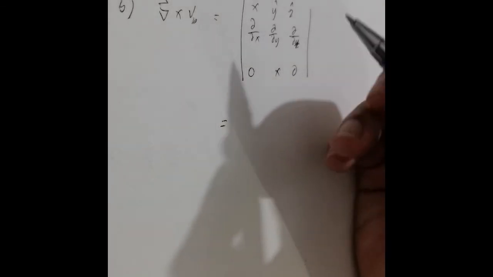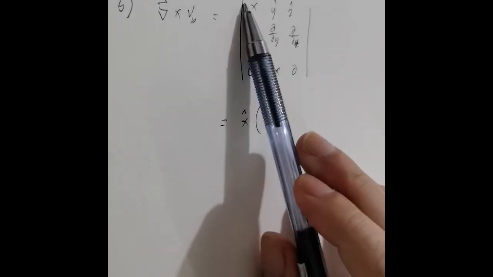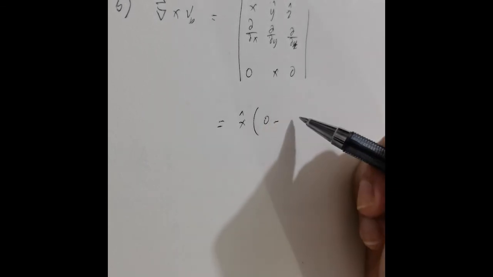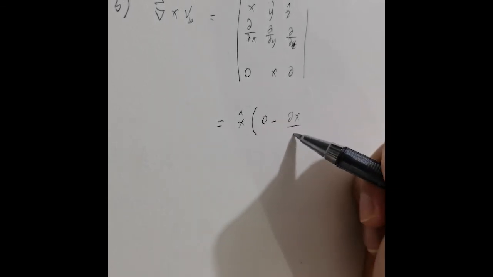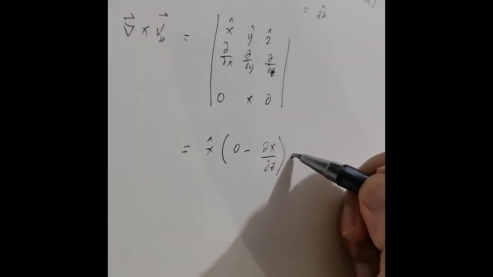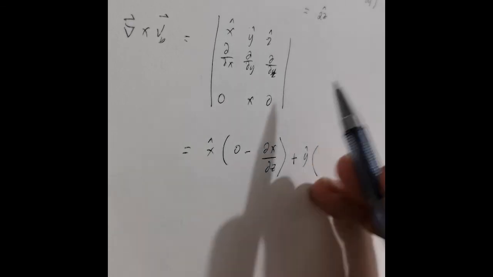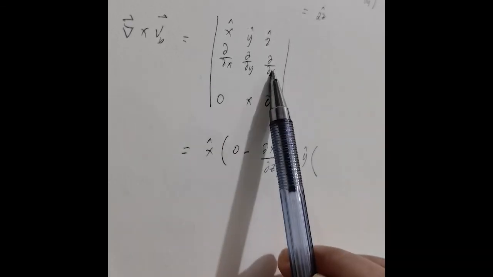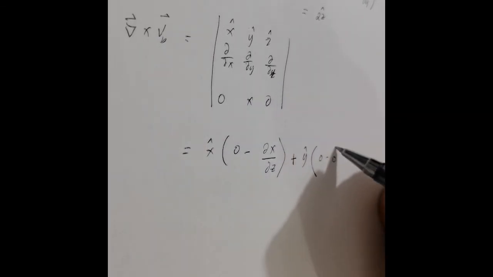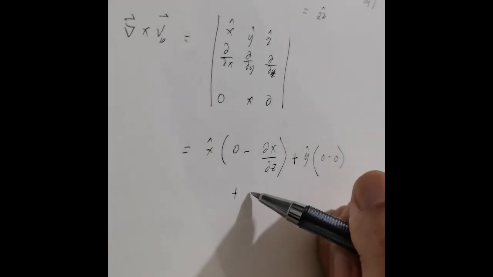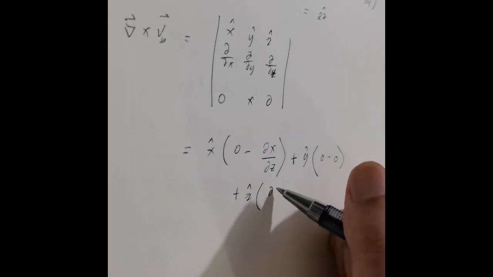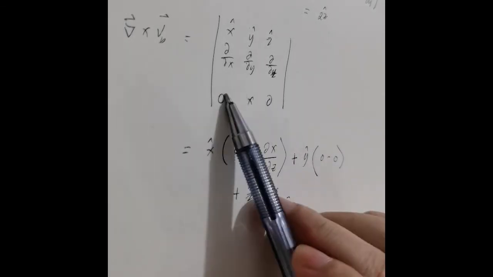For the x hat, we cover it, so we have 0 minus partial x, partial z, right? Plus y hat. For the y hat, this is 0 minus 0 again. Plus the z hat. For z hat, we have partial x, minus 0, right?